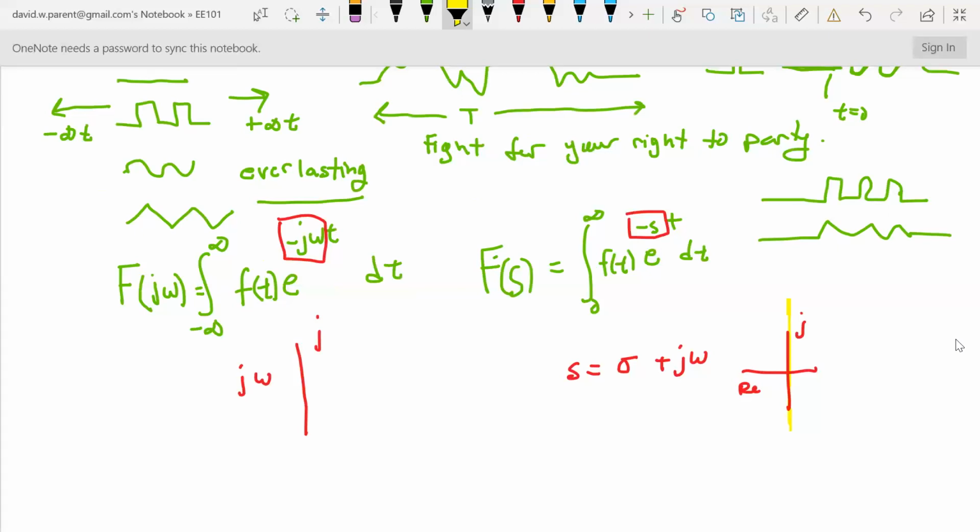We've already kind of done this, but later on we're going to go back to the Fourier transform when we do filters.